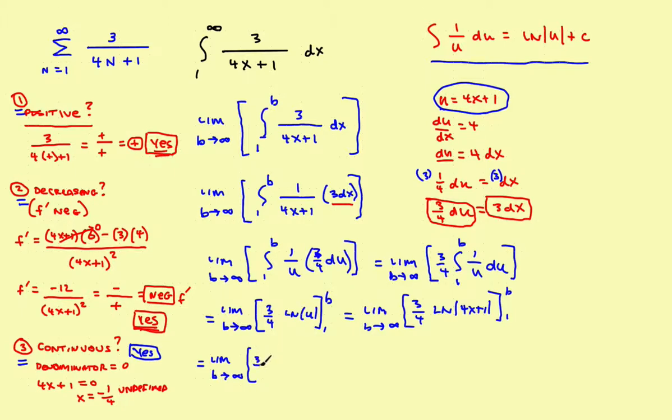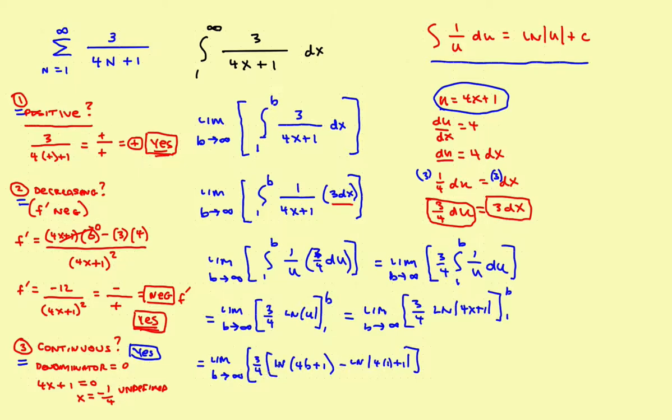So I would have 3/4 of the natural log of 4 times b plus 1, minus, now plug in a 1, the natural log of 4 times 1 plus 1. So it looks like that.